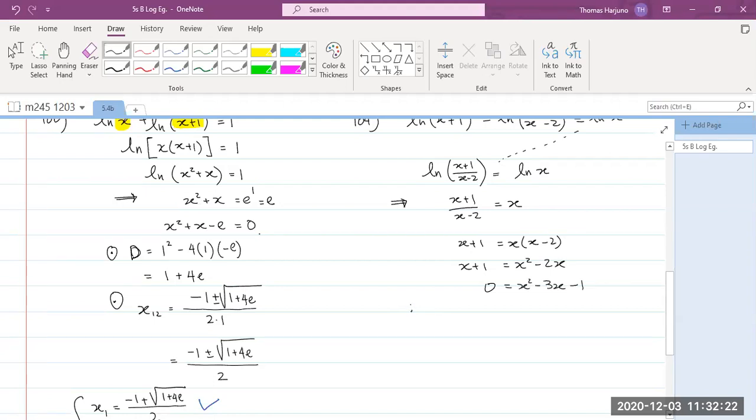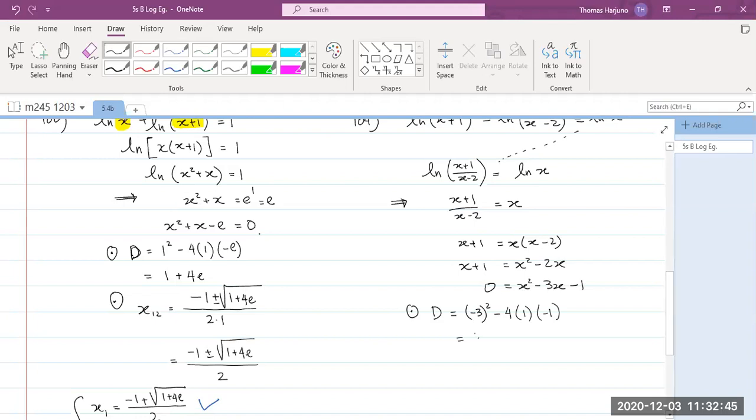I think I need to do my formula. So b squared minus 4ac. When you multiply or divide, add, subtract even exponent of negative number, use parentheses.